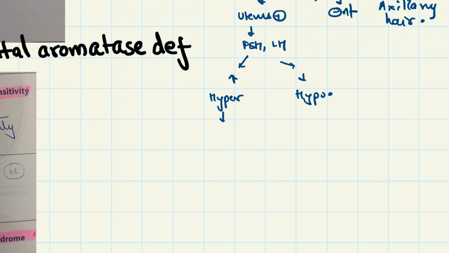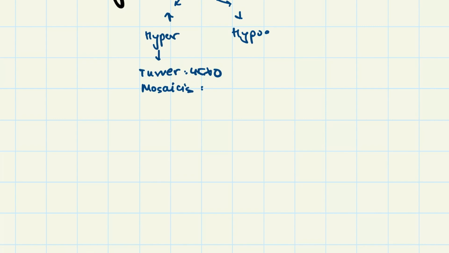The examples of hypergonadotrophic hypogonadisms are Turner, that is 45XO, mosaicism, that is 45XO and 46XX or XY, and pure gonadal dysgenesis.